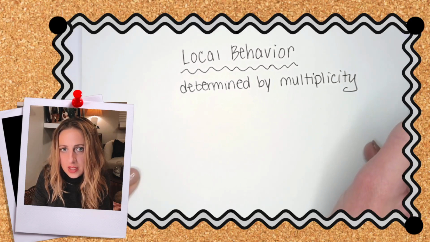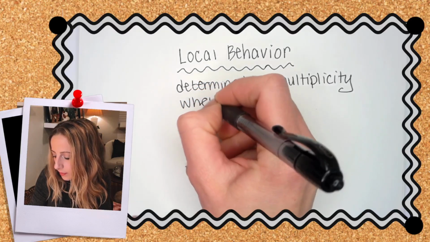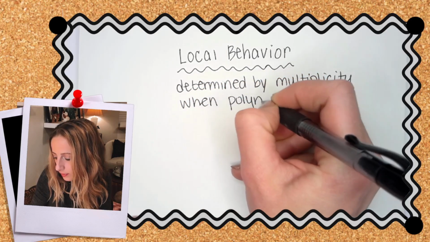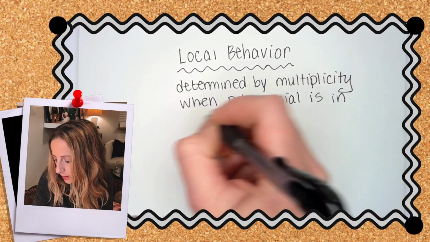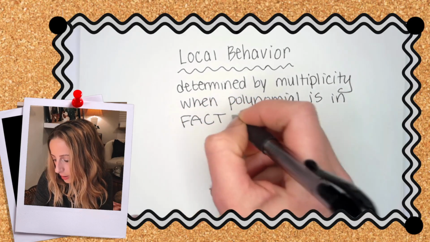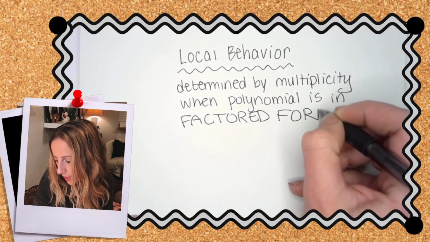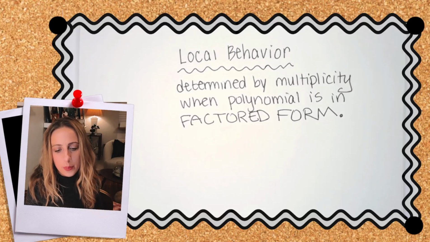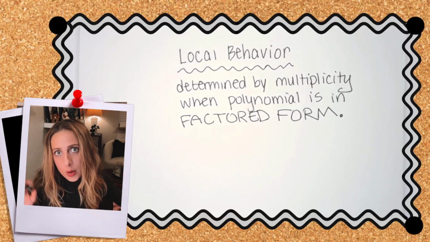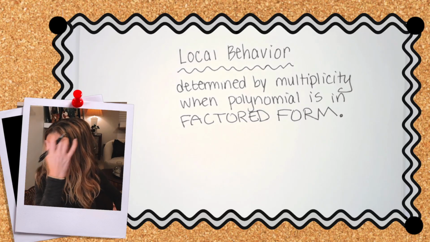Determined by multiplicity when the polynomial is in factored form, not standard form. When we're in standard form, when we're looking at an exponent, we're looking at what we call the degree of the polynomial, which is the largest exponent of the polynomial when it is in standard form, descending exponential order, combined like terms.